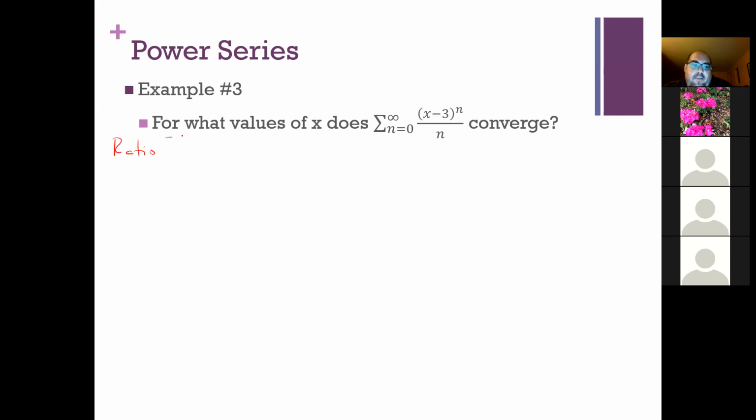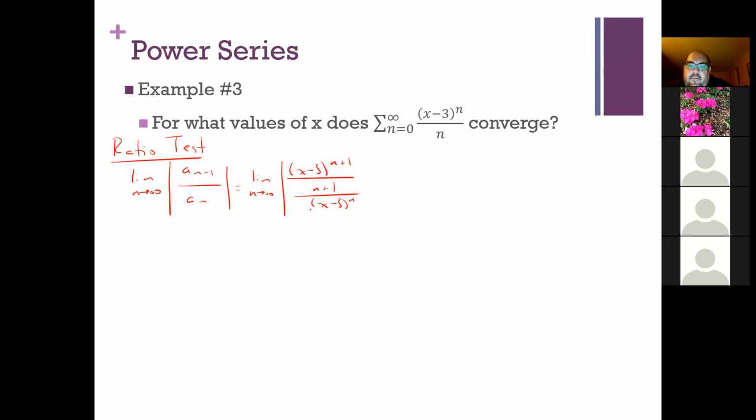So, like usual, I want to set up the ratio test. So x minus 3 to the n plus 1 over n plus 1, over x minus 3 to the n over n.